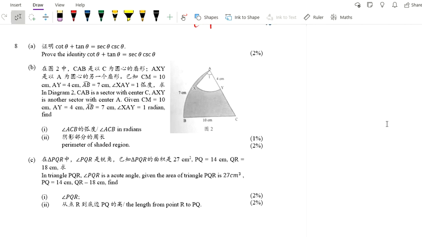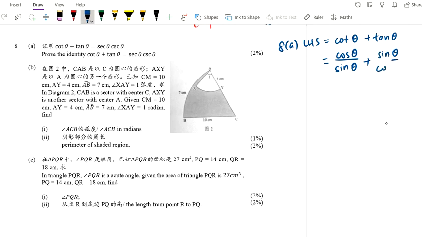So the left hand side equals cotangent theta plus tangent theta, which is cos theta over sine theta plus sine theta over cos theta, right? Then just combine these two fractions together. You multiply this one by cos over cos, and this one by sine over sine. And I think you can see it already. This is cos squared theta plus sine squared theta over sine theta cos theta.